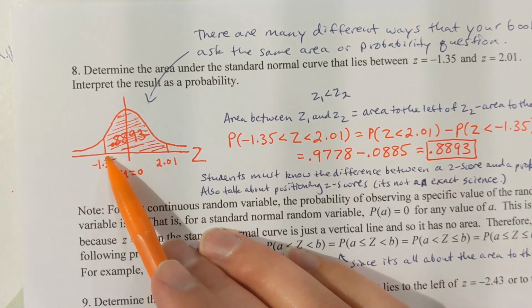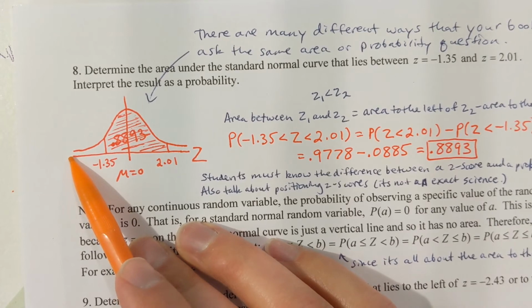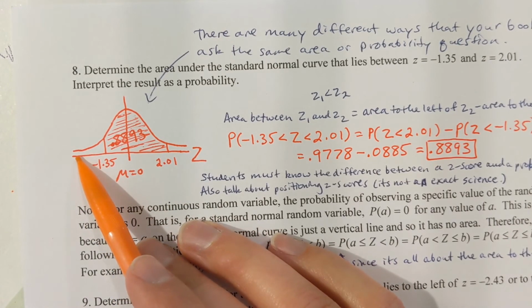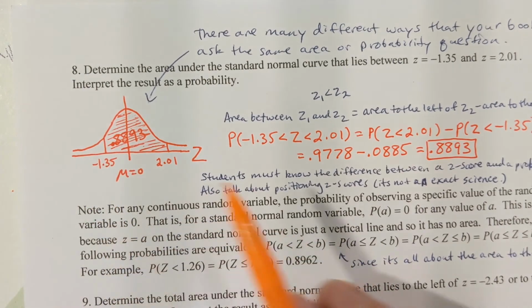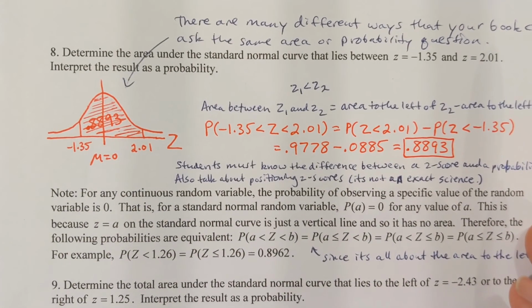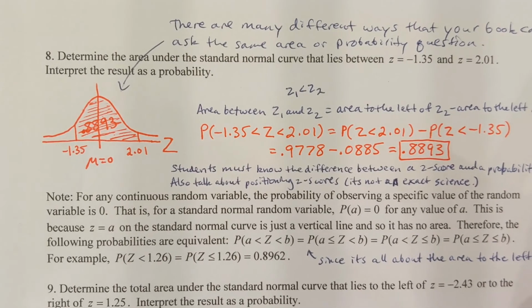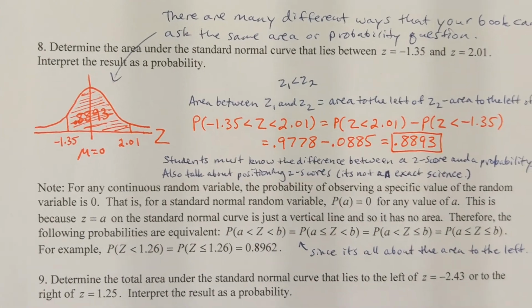So if I'm positioning negative 1.35 right here, that would be poor positioning if negative 3.49 is way out here. Also, I wouldn't want to position negative 1.35 way out here if negative 3.49 should be way out here. Again, it's not an exact science, but the labeling would be important if you were drawing this by hand in class.